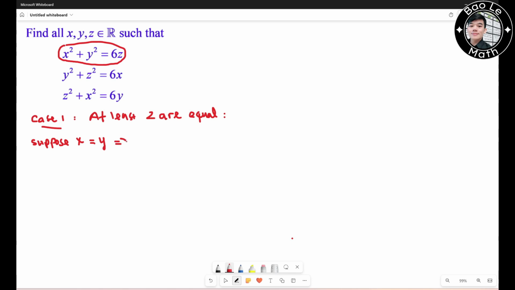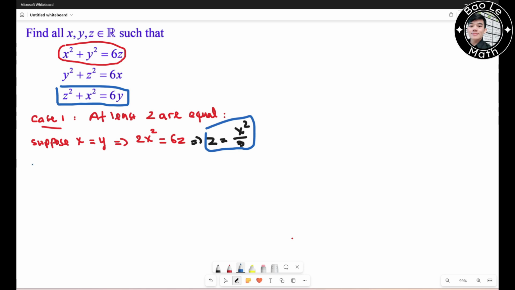So we have 2x squared equals 6z, and then we solve for z. So z equals x squared over 3. Now we substitute this into the third equation right here.